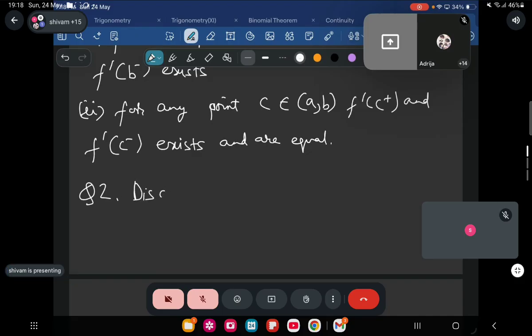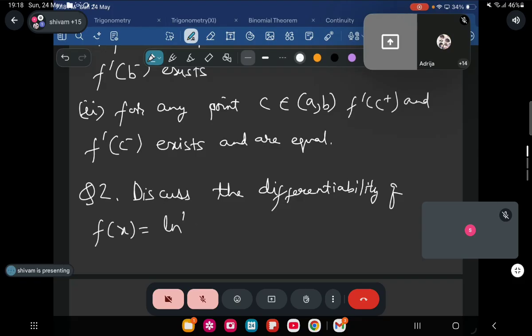Discuss the differentiability of f of x equal to ln square x at x equal to 1. You just have to tell me whether it is differentiable or non-differentiable at x equal to 1. Is it done?